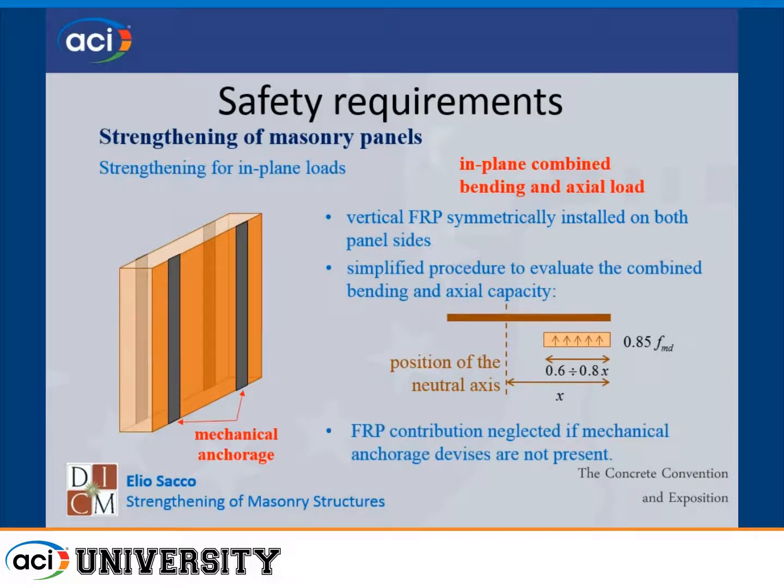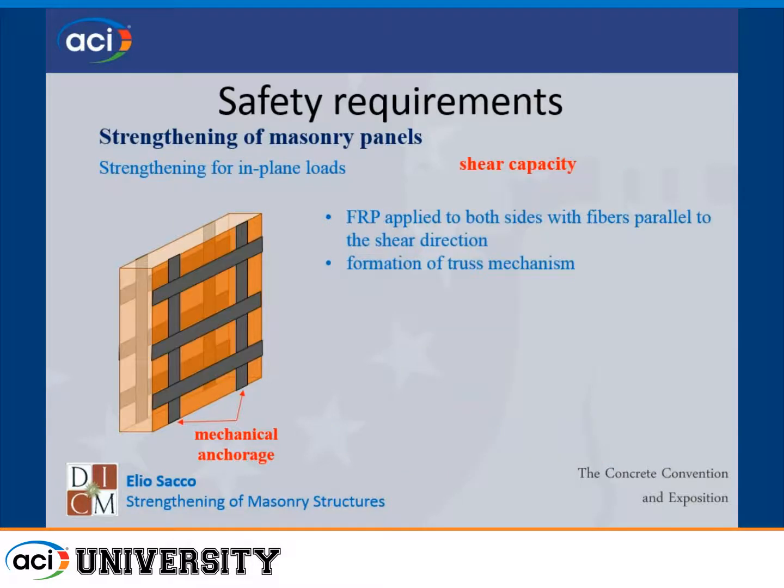Of course, we cannot consider the presence of the FRP if you have no anchorage at the base. So if we have the maximum moment here, we have to consider the presence of anchorage.